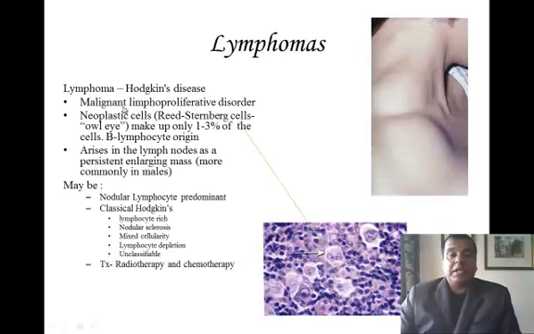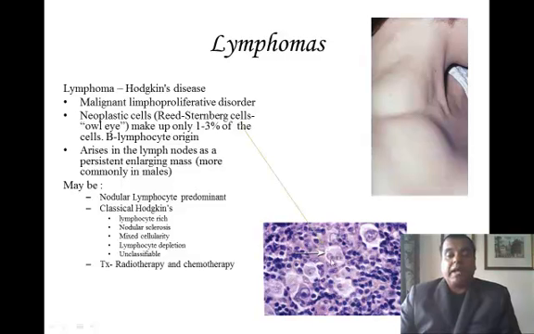Hodgkin's disease, here what you have is a malignant lymphoproliferative disorder showing Reed-Sternberg cells, which under histopathology look like owl eyes, double eye appearance of the cell, and make up only 1 to 3% of the cells. It's B lymphocyte again in origin, arises in the lymph nodes as a persistent enlarging mass, and more commonly in males.